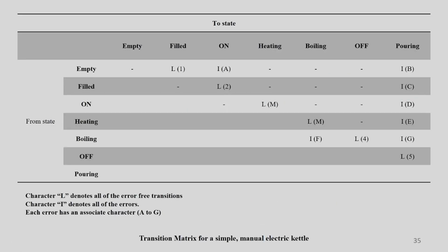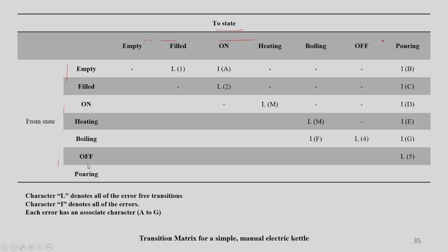For the same example, boiling that kettle, let us understand. Initially these are the from states and the to states. From these states it can go to these states.